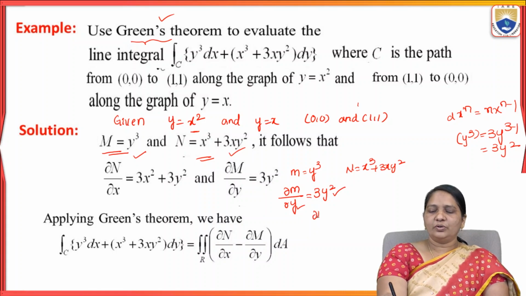Now we need dou N by dou x. The N value is x cubed plus 3xy squared. So dou N by dou x is the differentiation with respect to x.